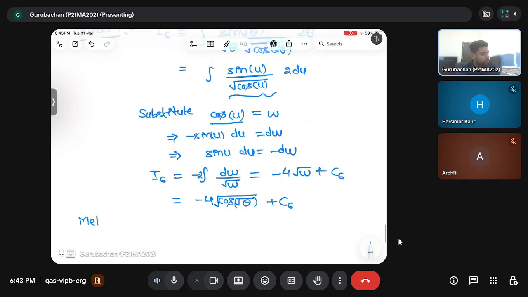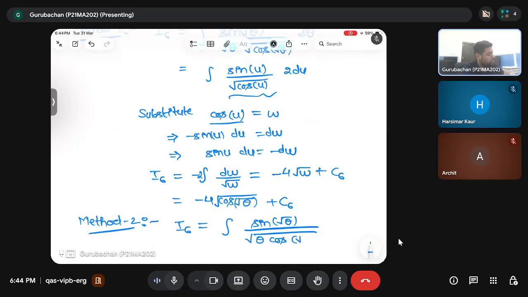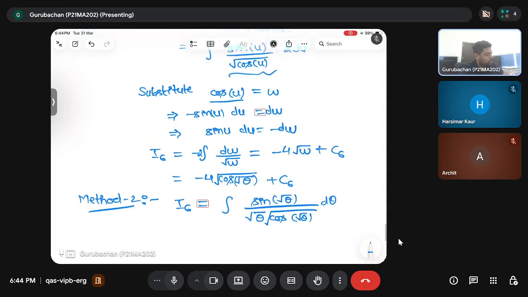What will be method number 2? In that scenario, we directly substitute cos under root theta. This is sine under root theta divided by under root of theta cos under root of theta. So we are substituting directly this one.